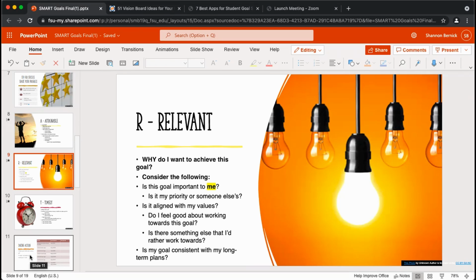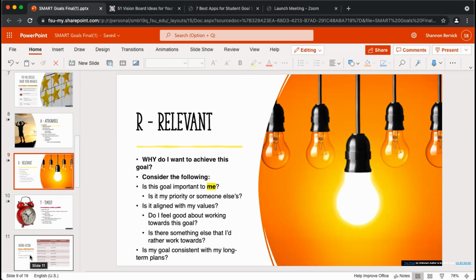Some of the things you might consider is, is this goal important to me? And this is something that a lot of college students begin to think about more as they transition from that shared responsibility with their family to independent living. And sometimes they might realize that they're pursuing a major or a particular career because it's something that their family wanted them to do, but not necessarily something that they feel excited about doing themselves.